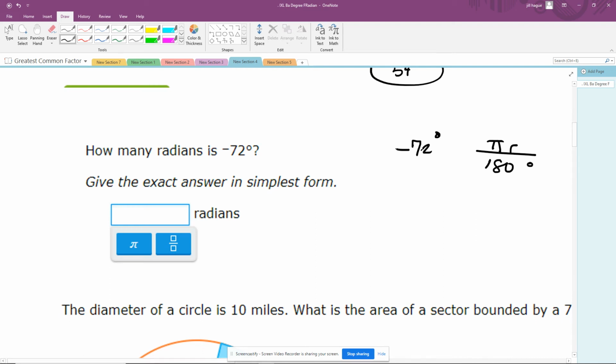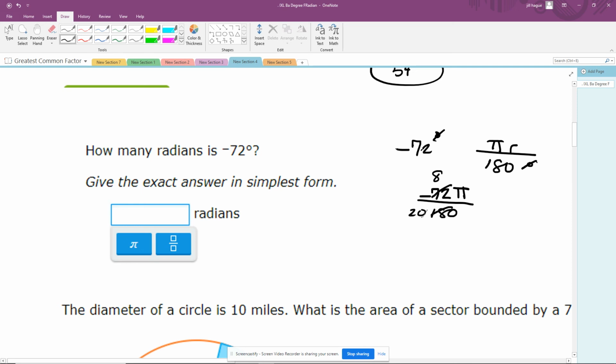And you could keep reducing that fraction. Let me write it out for you. It's really just this: negative 72 pi, the degrees cancel, over 180. And then you just have to reduce this. So we know 9 goes into there 8 times, and we know 9 goes into here 20 times.